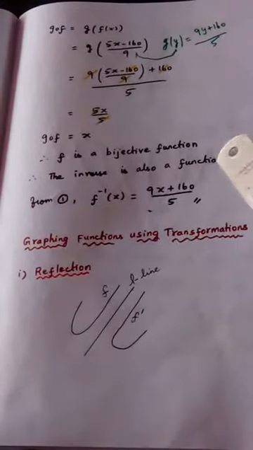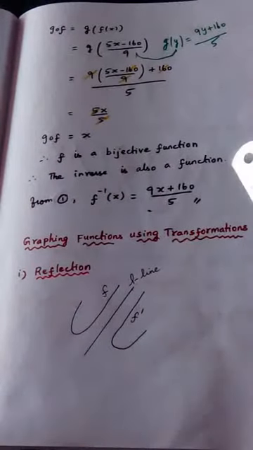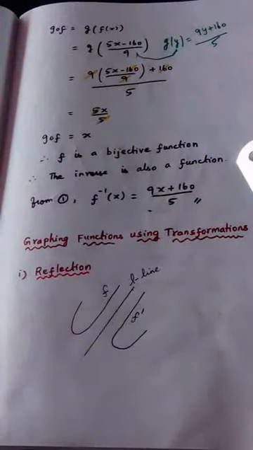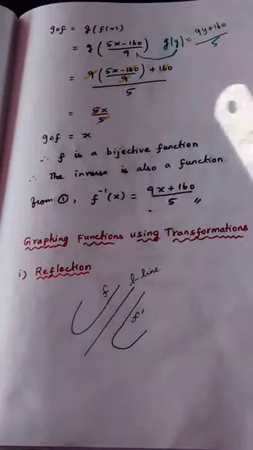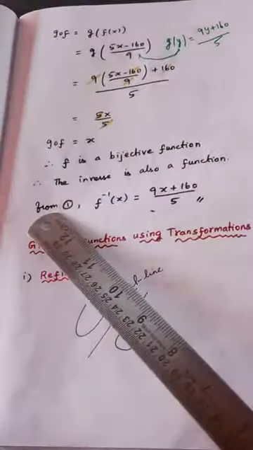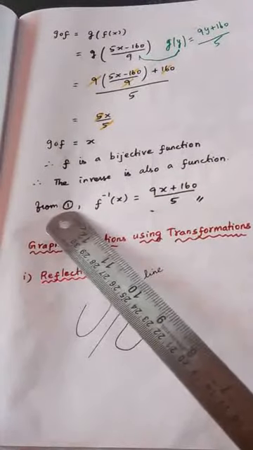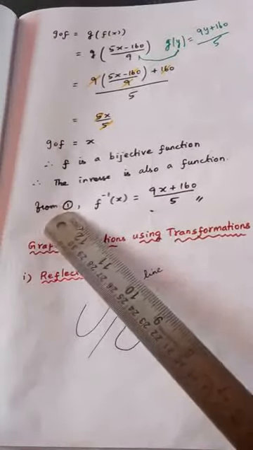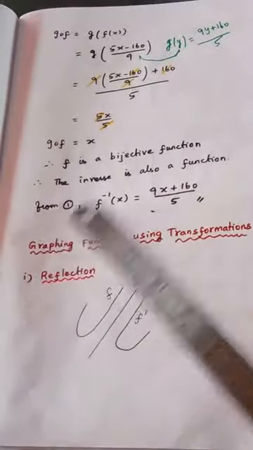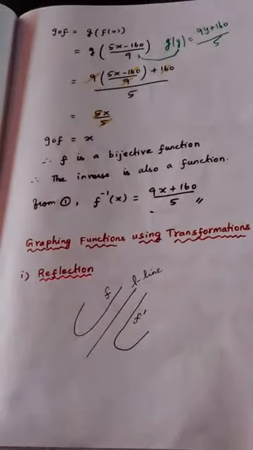So here the problem is over. But they have asked us to find the inverse, right? To find the inverse we are using equation 1. Just understand carefully. From equation 1, I am going to write equation 1 for you.